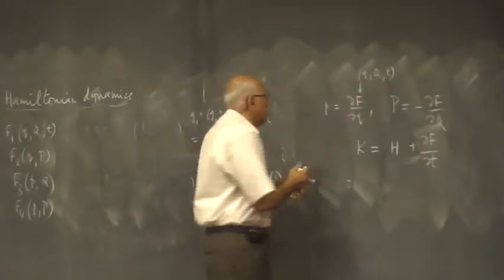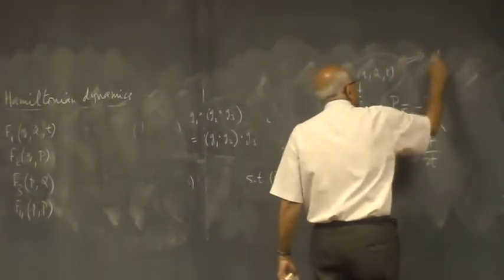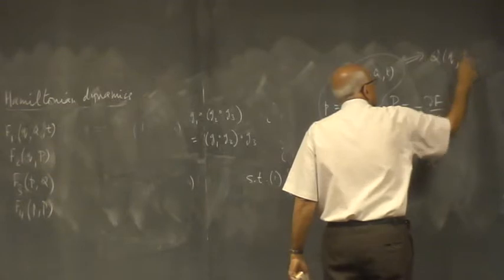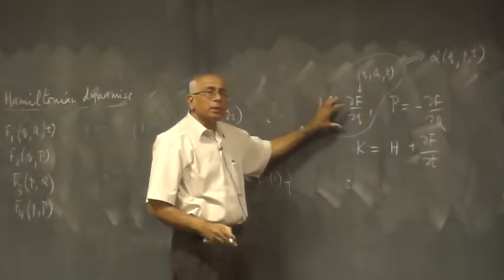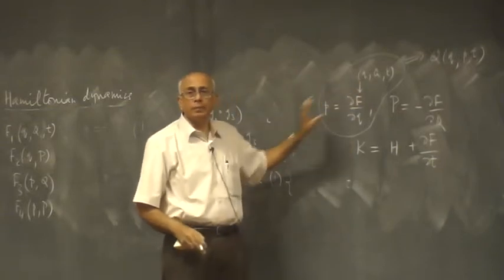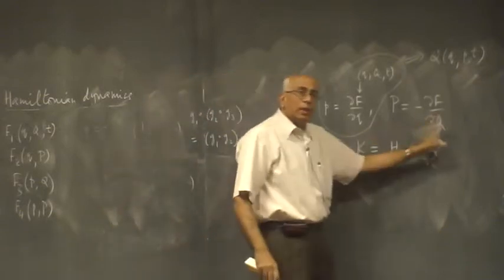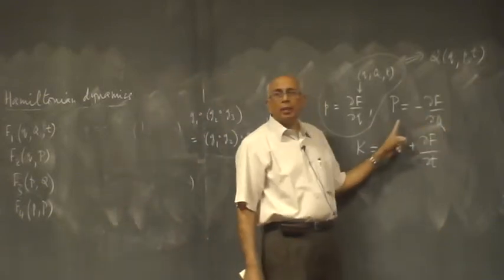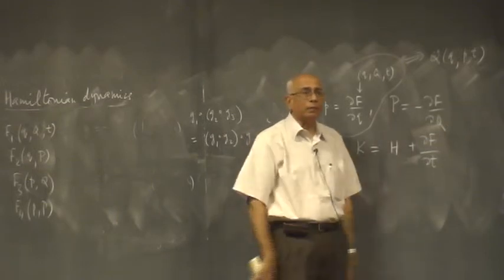So this set of equations is going to imply that each capital Q can be written in principle as a function of little q, little p, and t. I use this set of equations to write the capital Q's in terms of the original variables. Having done that, I put it into this equation and discover the capital P's as a function of the little q, little p, and t.